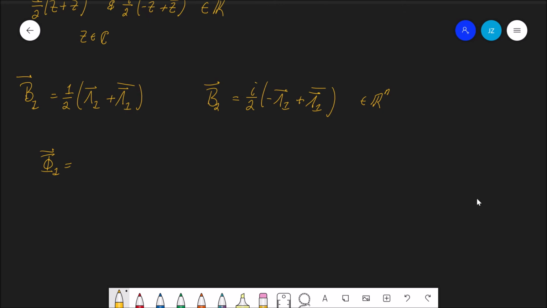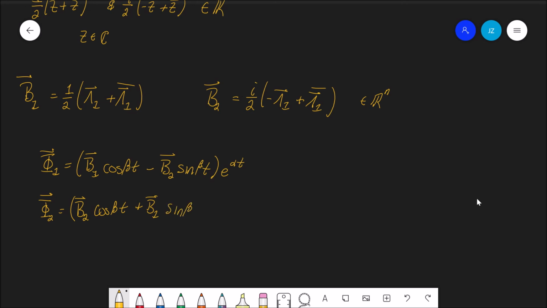Phi1 is equal to (b1 cosine of beta t minus b2 sine of beta t) all times e^(alpha t), and phi2 to be (b2 cosine of beta t plus b1 sine of beta t) all times e^(alpha t).